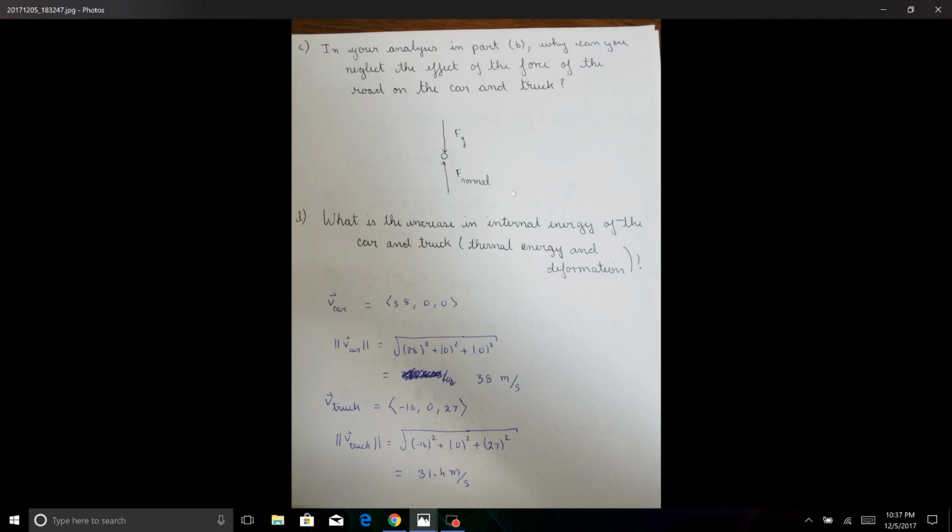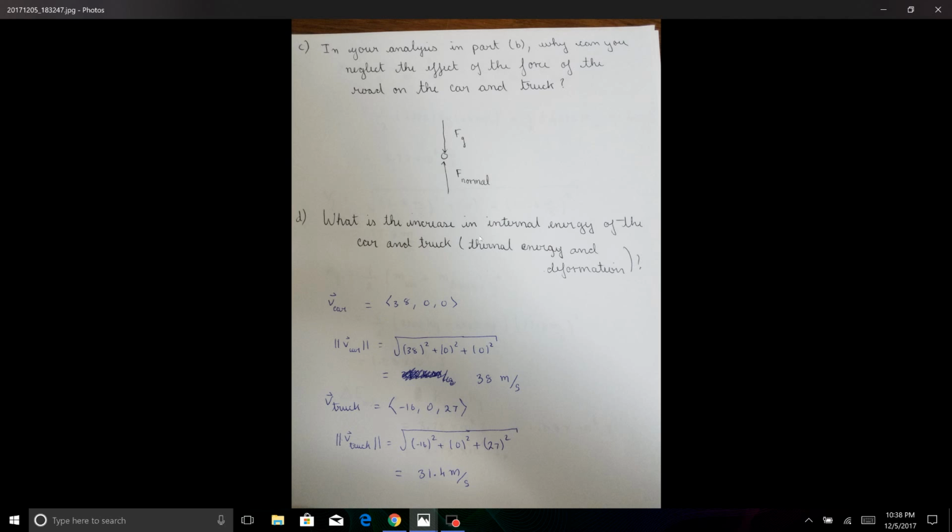And for part D, we are asked to find the increase in internal energy of the car and truck. To find the increase in internal energy, I started off with the velocity of the car, which was given in the question to be 38, 0, 0 meters per second.